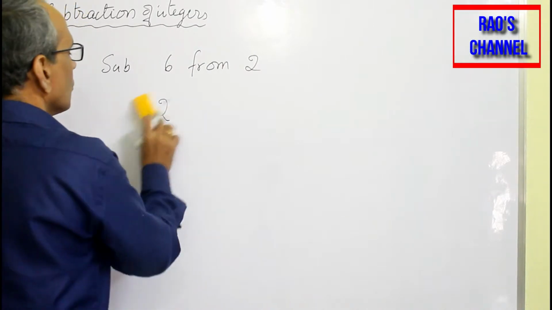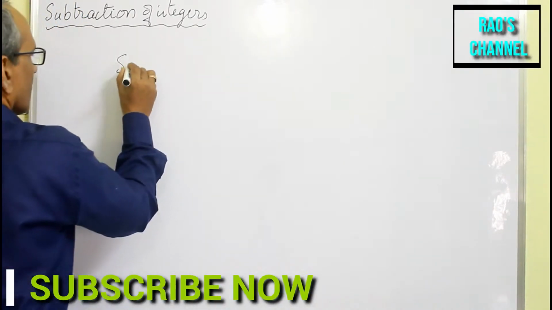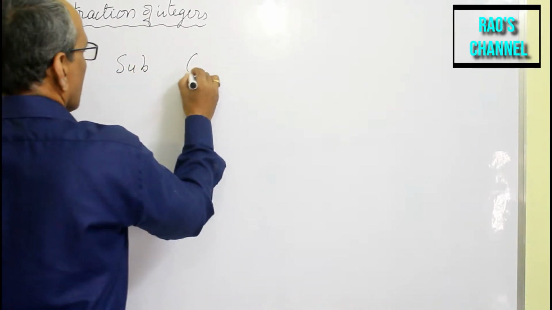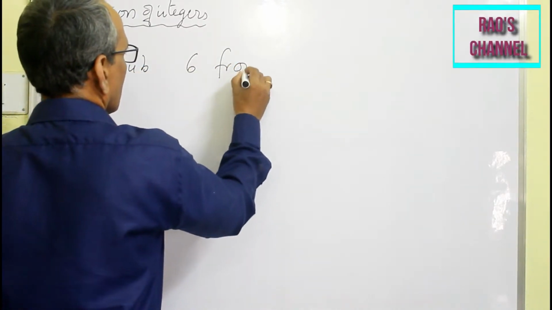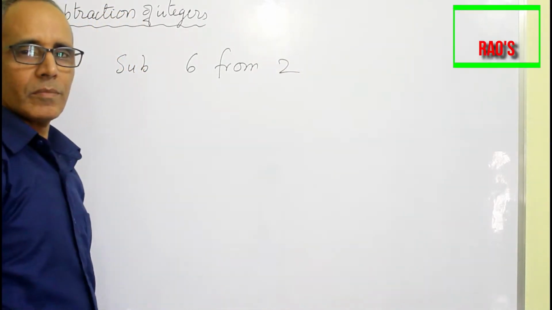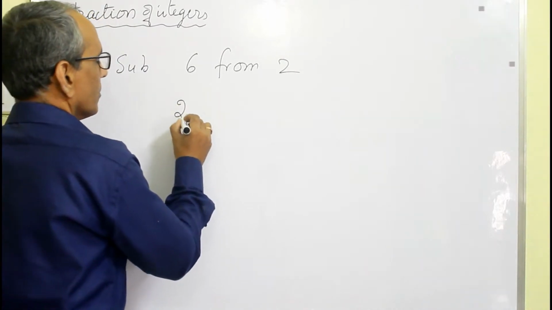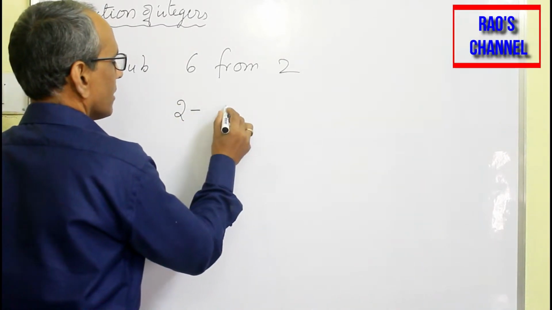So from 2, subtract 6. Clearly we have two integers. From 2 we have to subtract 6.